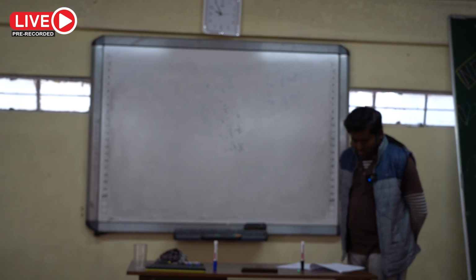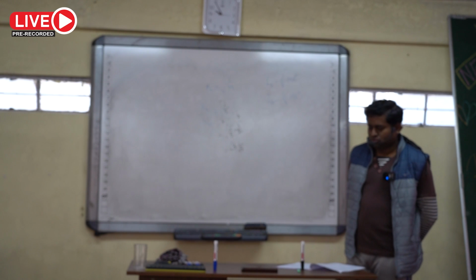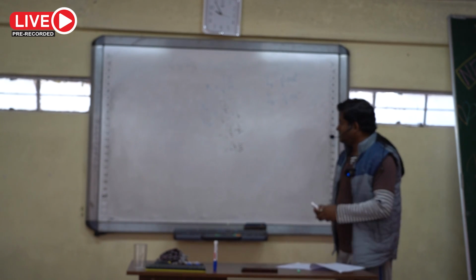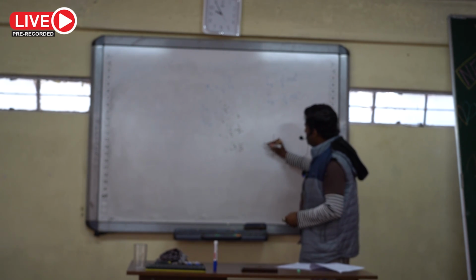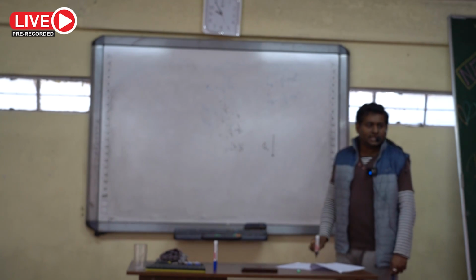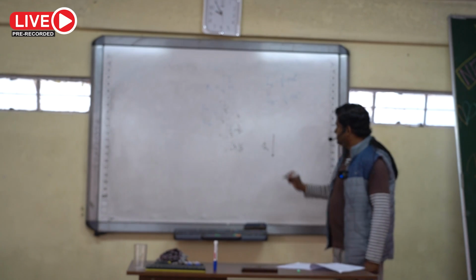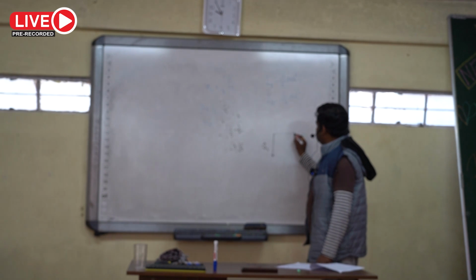Initially, the player is moving towards south, like this. Say V1. Then its velocity changes direction towards east. V2.